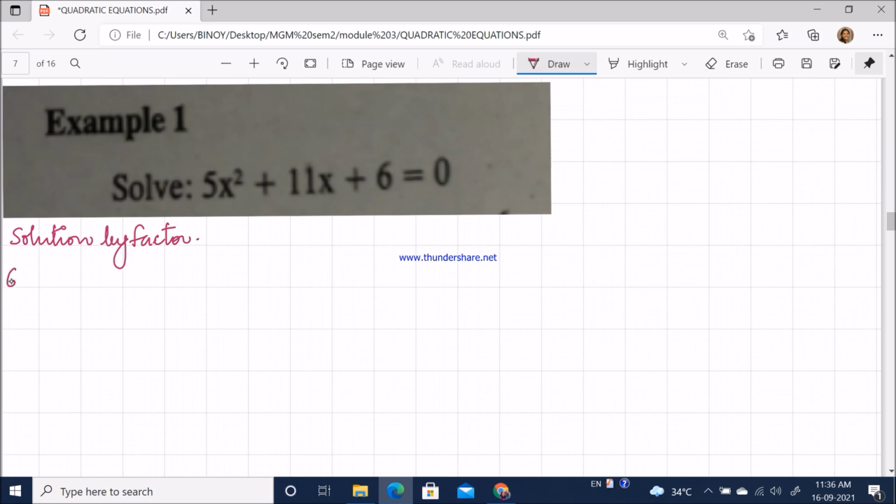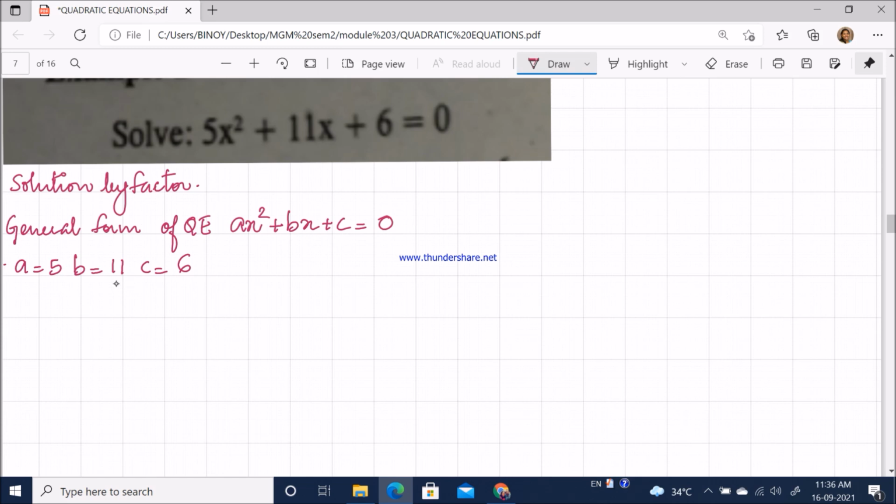So the general form of a quadratic equation is ax square plus bx plus c equal to 0. Substituting the value, a is 5, b is 11 and c as 6.